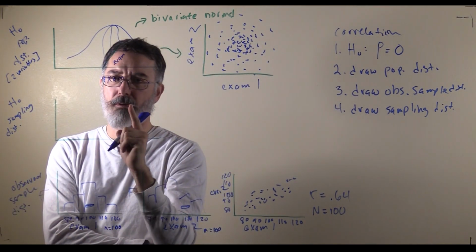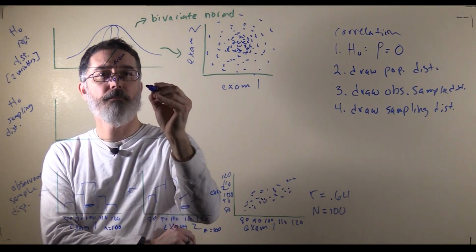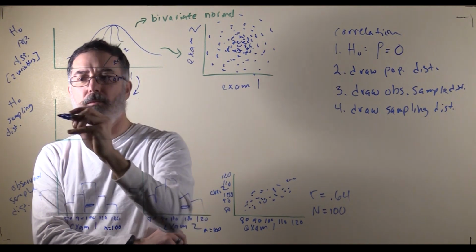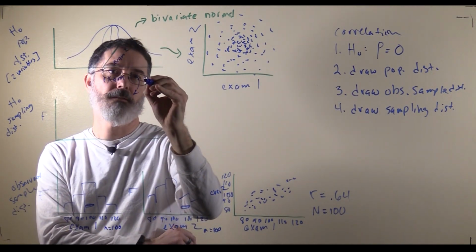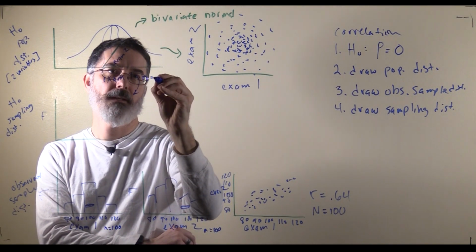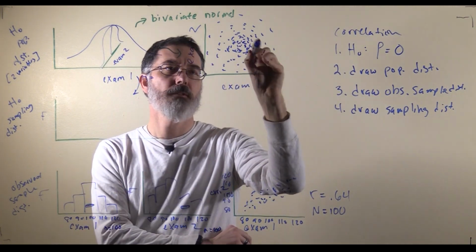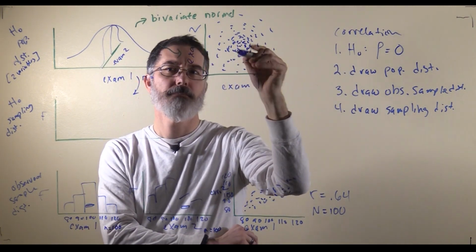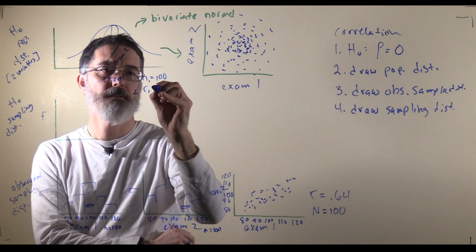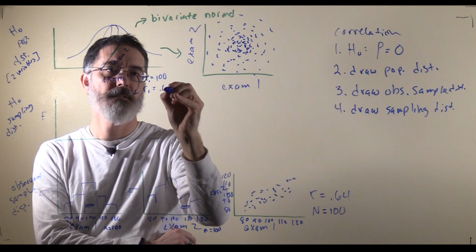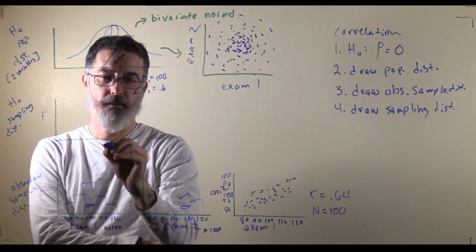And what we're going to do for this is we're going to do a histogram of correlation coefficients. So we'll take a random sample of 100 individuals from this population. We'll calculate their correlation coefficient, say it's 0.6, and we'll put that down here.